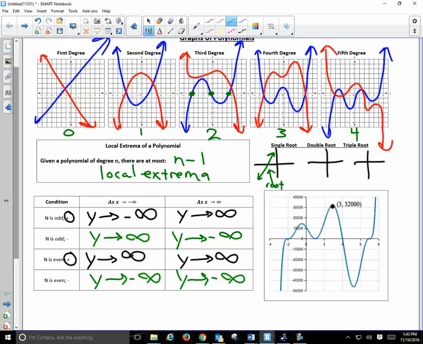If you have a root or a solution or a zero that occurs more than once, you've heard this before, maybe multiplicity of a root. Say the multiplicity is 2.